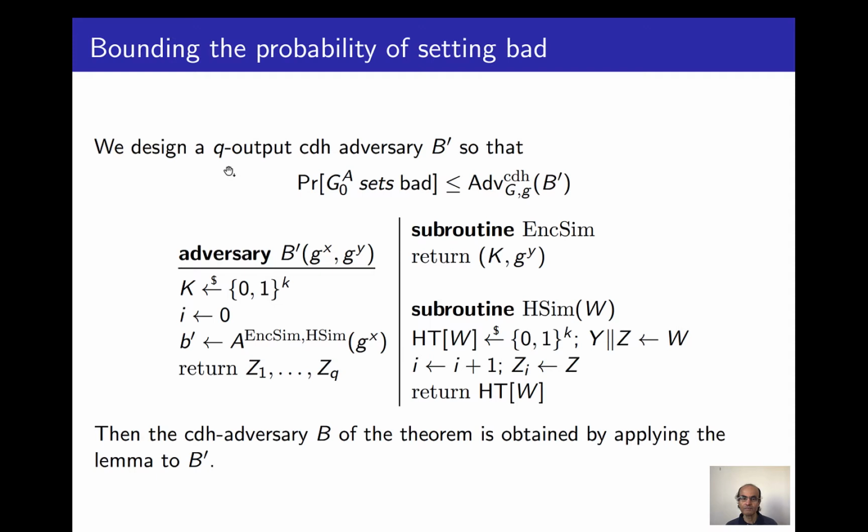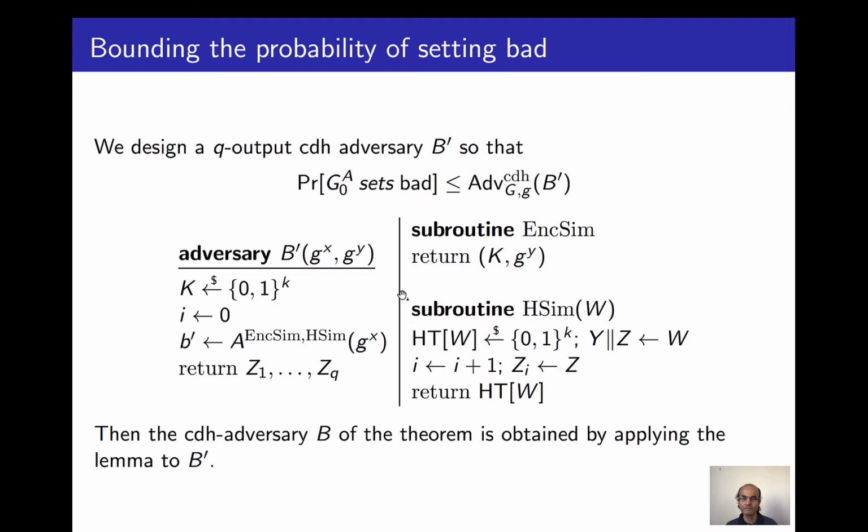Remember, Q is the number of queries to the random oracle made by A. And the probability that G0 sets bad will be bounded by the CDH advantage of our Q output adversary B prime. Finally, we can use our lemma to turn that Q output adversary into a regular 1 output one and incur a factor of Q, and that is what will give us the theorem statement.